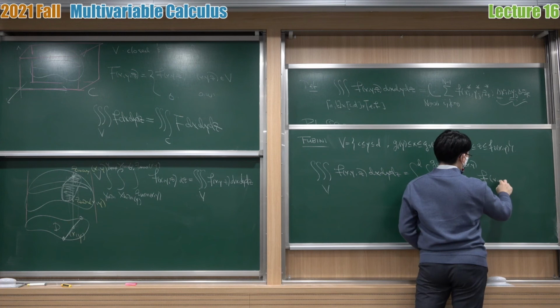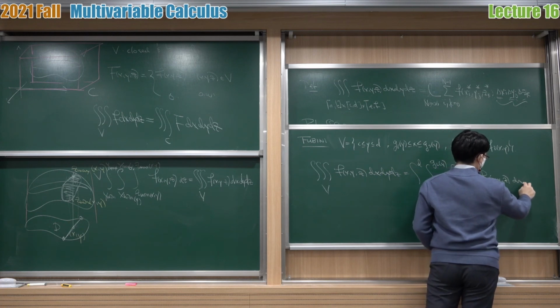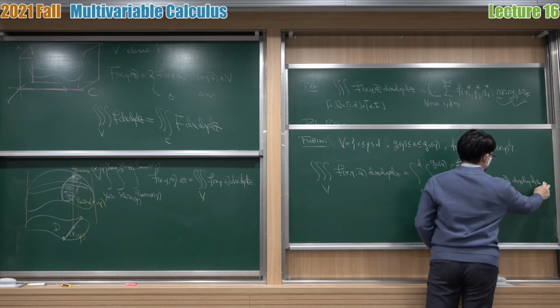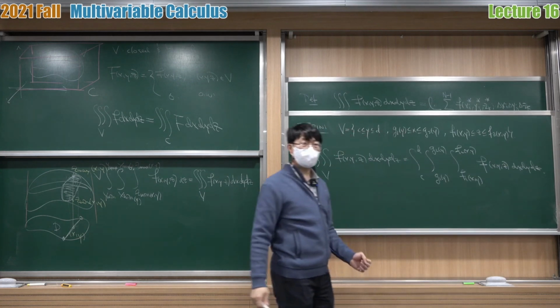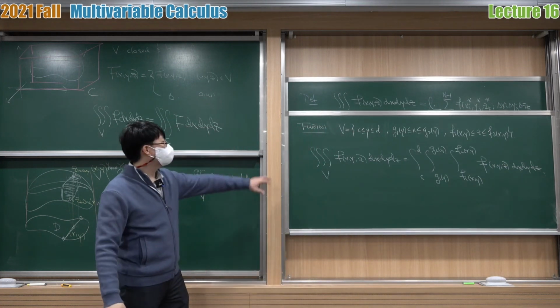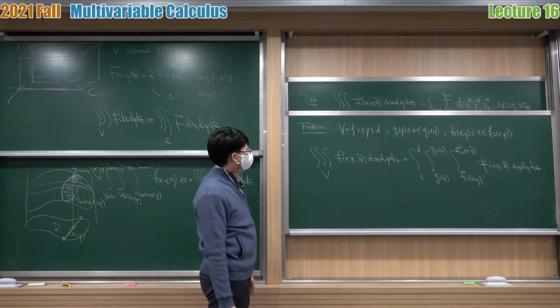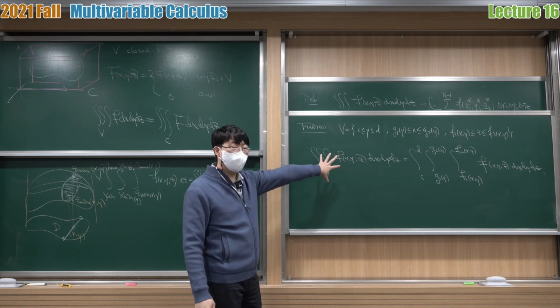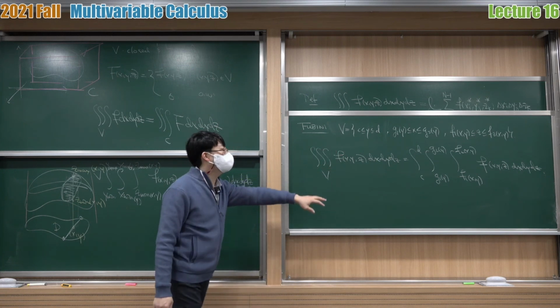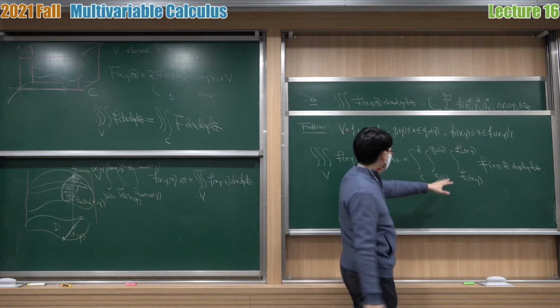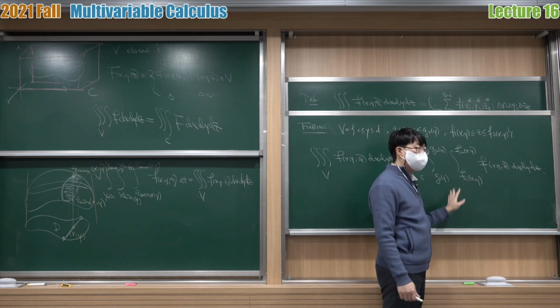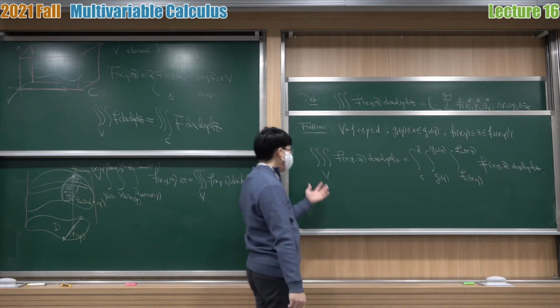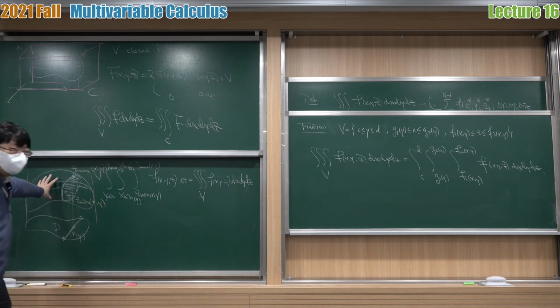That's the Fubini theorem in the third version. This contains the case when the domain is rectangular. If V is rectangular, all these functions are constant functions. But it works with a general shape.